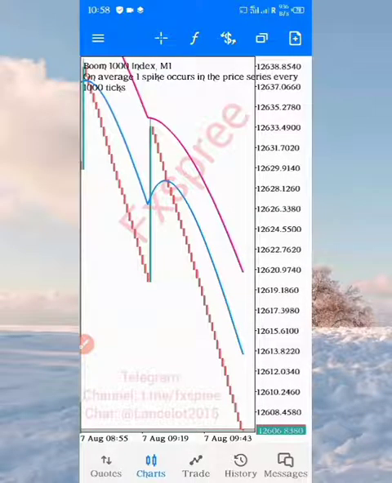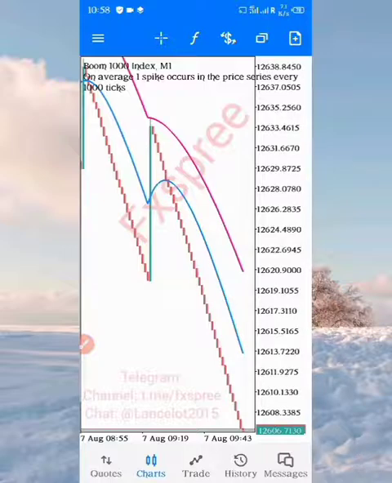That is their normal default trend. And Boom also, the series, they sell. That is their default. But you use this strategy when the market is against the default trend. That is, as for Boom, you only apply this strategy when it is buying.